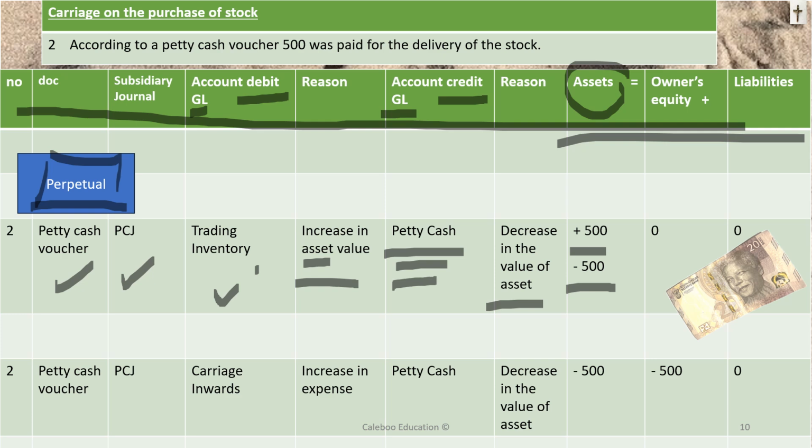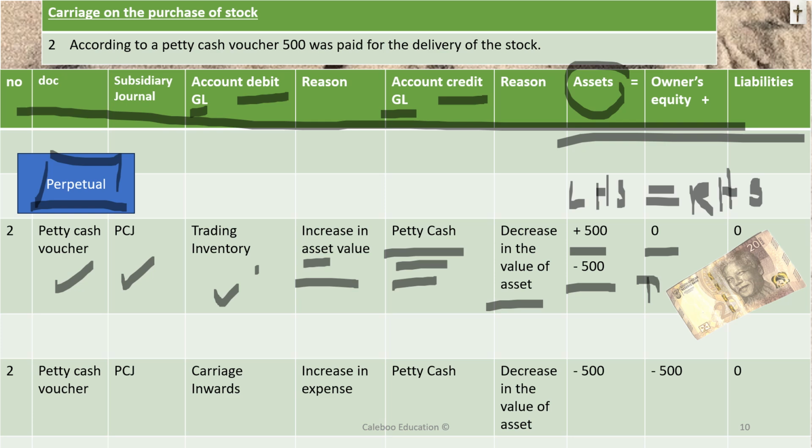The petty cash balance decreased. So the left hand side of the equation is still equal to the right hand side. There's no effect under owner's equity and no effect under liabilities.